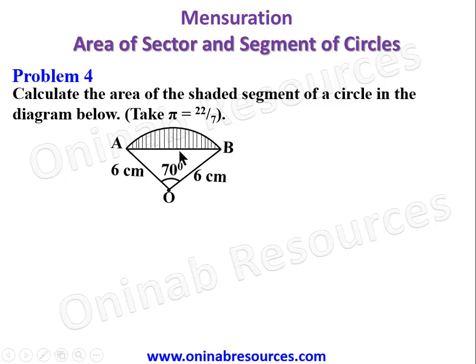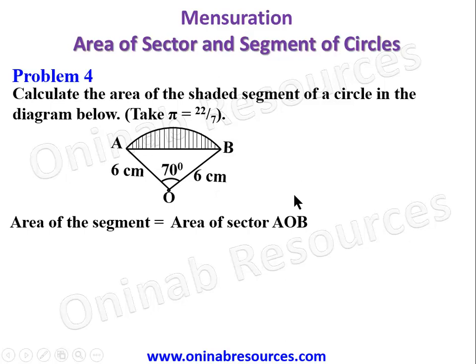This is now the area of segment of circles. We said from the beginning of this tutorial that area of segment is area of sector, that is the sector AOB, minus area of triangle AOB.